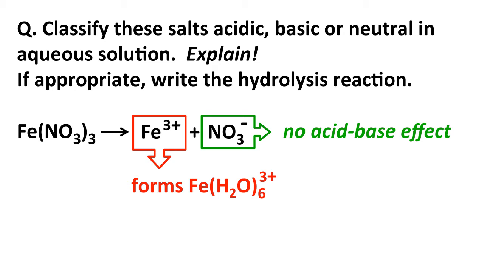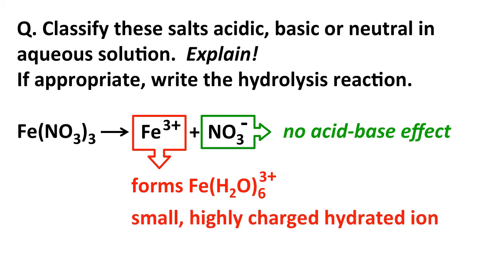But +2 ions, +3 ions, especially if they're small, so typically we say small, highly charged, hydrated ions, end up having an acidic effect on solution. So if we have an ionic compound that contains a +2 or +3 charged ion, especially if it's kind of small, we expect this to have an acidic effect on the solution.